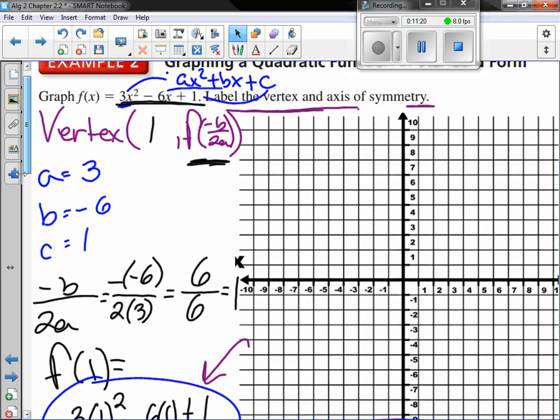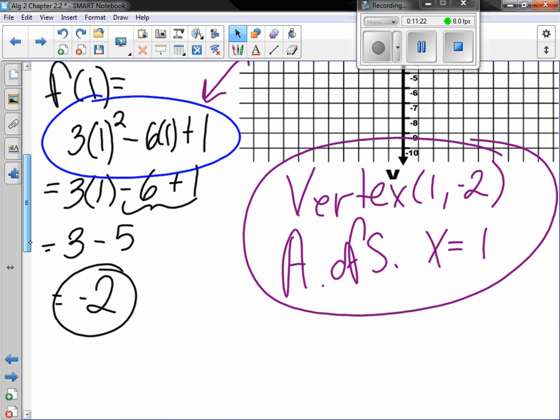Now, we know what the vertex is, and the axis of symmetry is. Because the value of a, the number in front of x squared, is positive 3, it's going to open up. If the value of a is negative, it'll open down. The value of a determines if it opens up or down, if it's positive or negative.